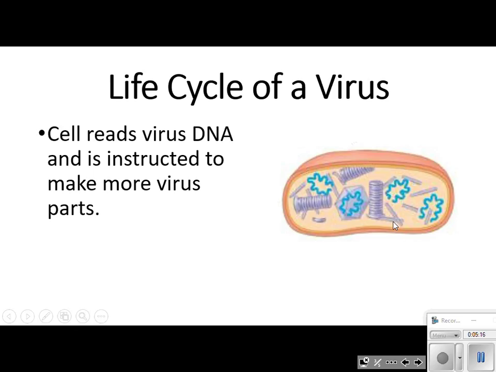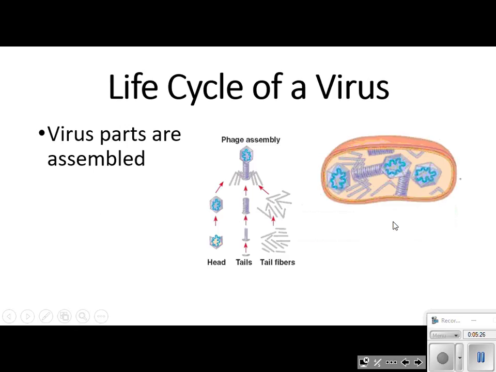So what do you think is going to be our next step? What's the logical step? After we've made the parts, we're going to put them together. So, what we should write for number 4 is that the virus parts are assembled. We've got all the parts. We see the head, we see now the genetic material.